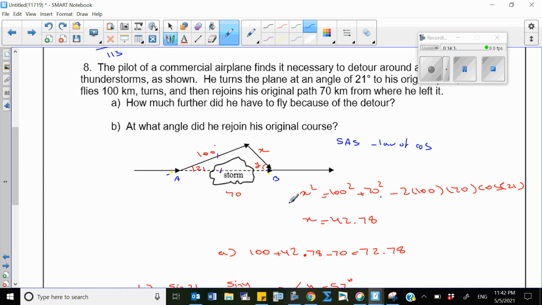So we use our calculator to find the answer. X is 42.78. So to find how much further did he fly, we are going to add 100 and 42.78 and subtract 70 from that to find how much further he needed to go.